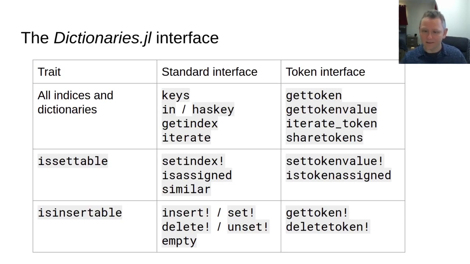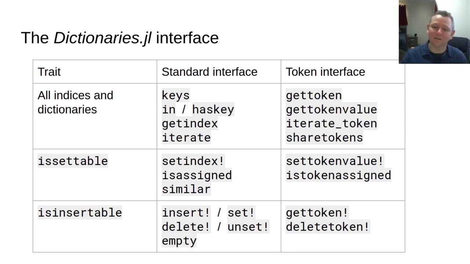Everything goes through tokens. You get a token, then you get the value, or you set the value, or something like that. This table is partitioned into 3 sections. There are traits for telling you whether a dictionary is settable, so can you set the values or is it immutable, or if it's insertable, can you create new keys or delete keys.